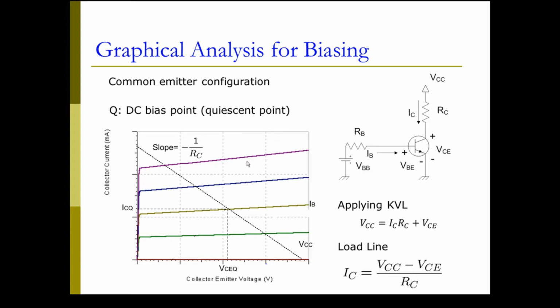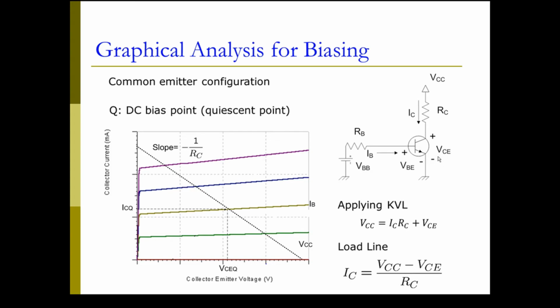Now this is the curve we get, the DC characteristics of our transistor. And again, we can apply the same KVL rule in this branch from VCC to the ground. From VCC to the ground, we have a voltage drop across this RC here, and then we have this VCE voltage.